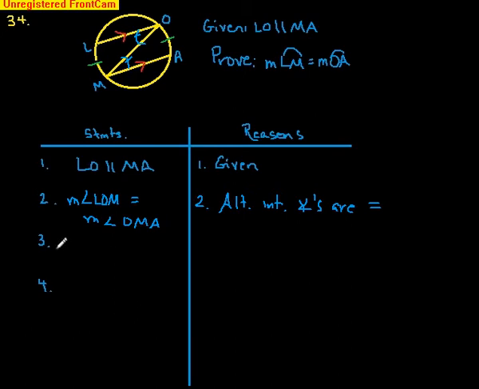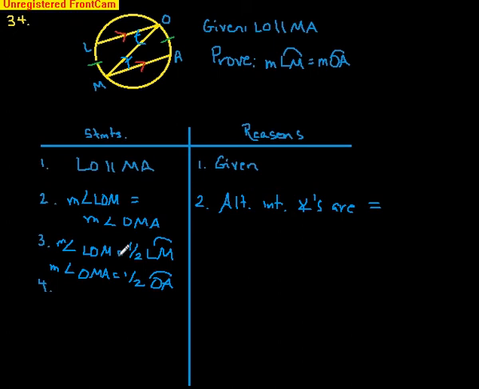Okay, we're going to say the measure of angle LOM equals half of arc LM. And we can say the measure of angle OMA equals half of arc OA.